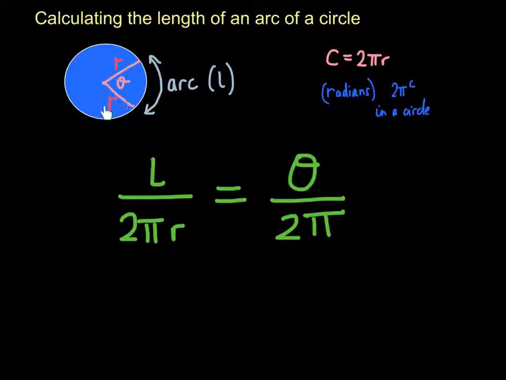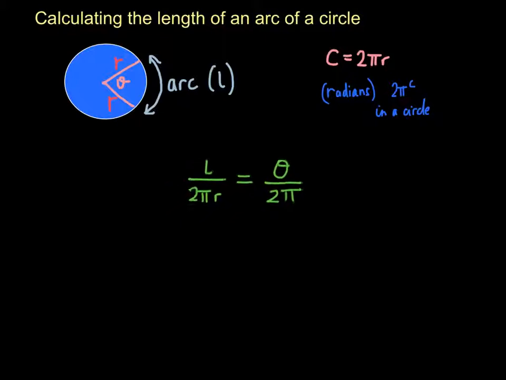So those two proportions will be equal to each other, and that 2 pi is because it's the angle around the centre of the circle.